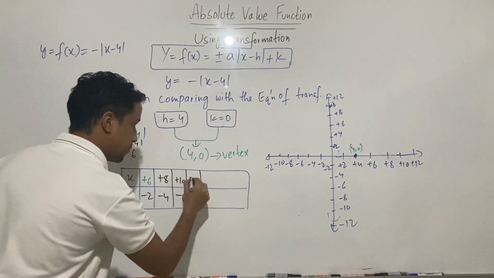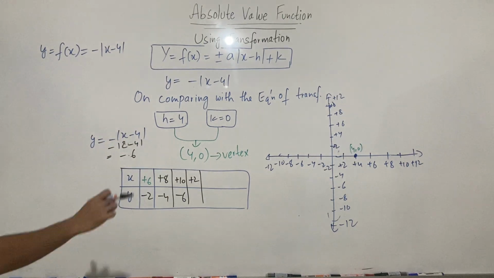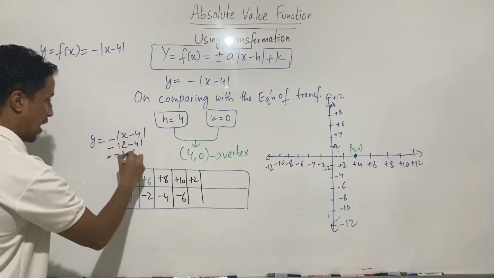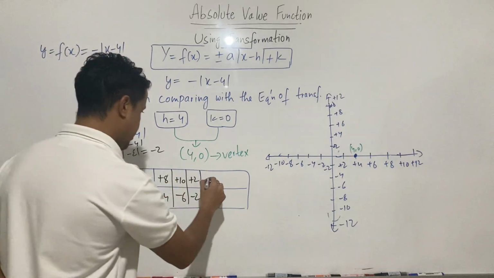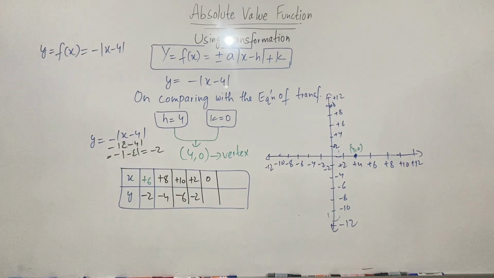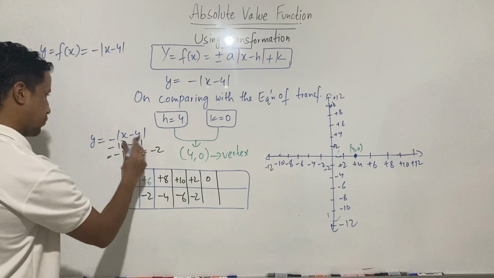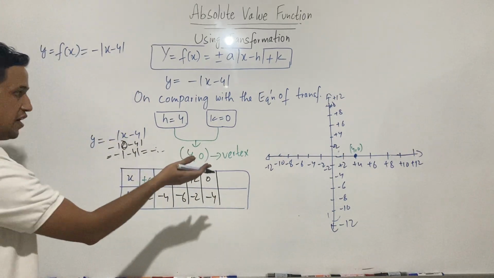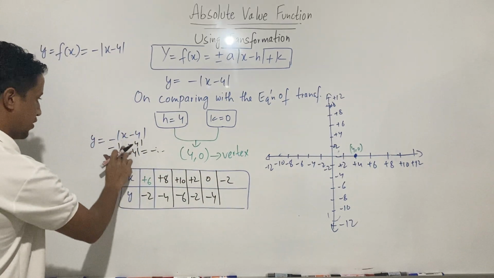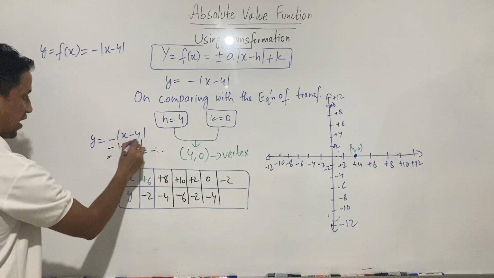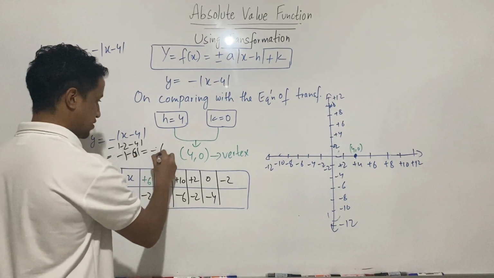If you put 2, 2 minus 4 is -2, absolute value 2, so y is -2. For 0, it's 0 minus 4, so -4. For -2, it's -2 minus 4, which is -6, and outside the modulus minus, so it's -6.